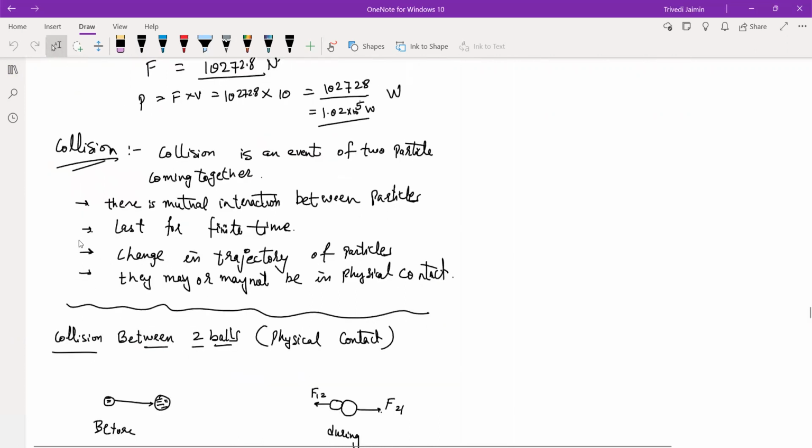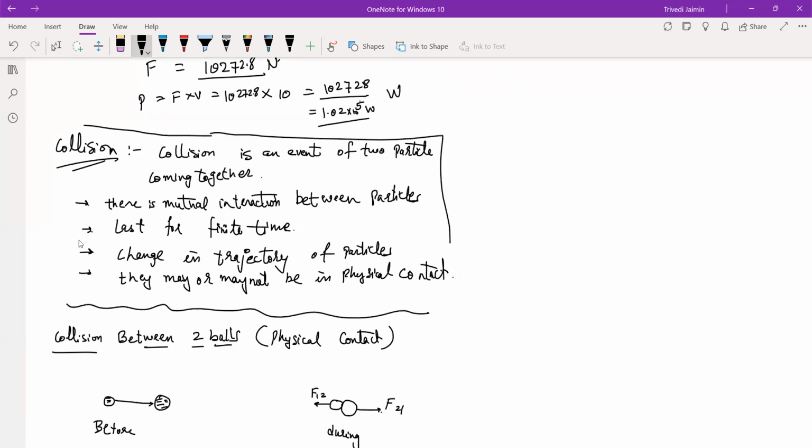These are the conditions for collision, or we can say some points about collision. Collision is an event of two particles coming together. So there is a mutual interaction between particles, and it should last for finite time, not infinite time.